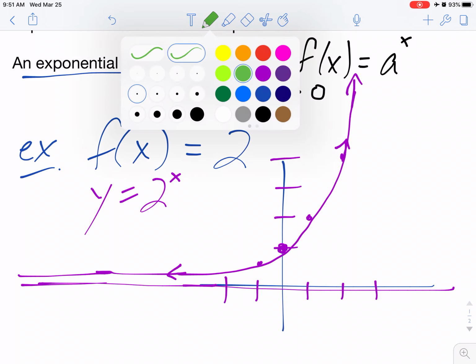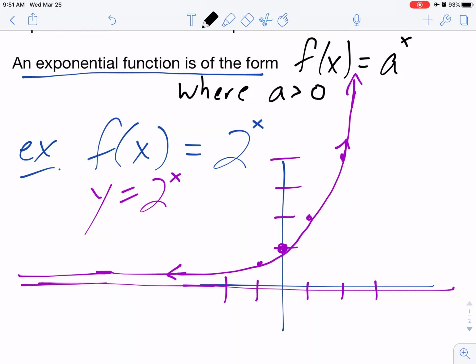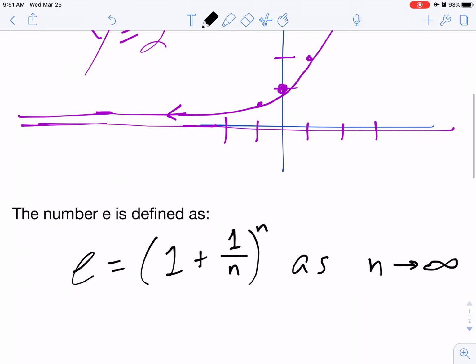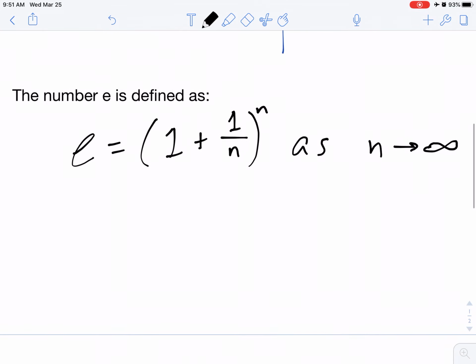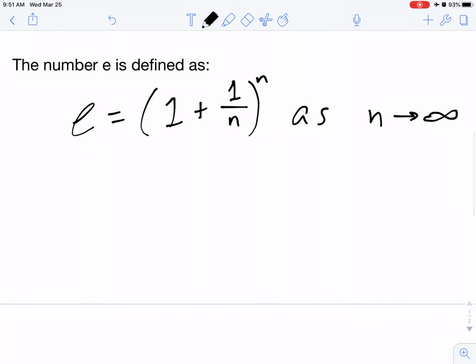Okay, the only other thing from this section that's sort of critical is the number e. So here's the definition. You do not have to try to memorize the number e. You don't have to try to memorize this number. This is just the definition. What you should get comfortable with is finding it on the calculator.